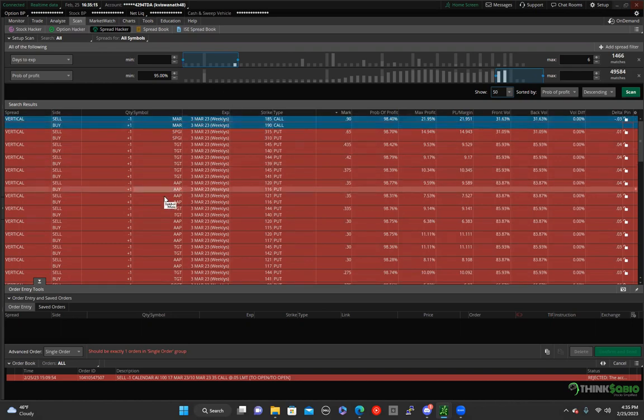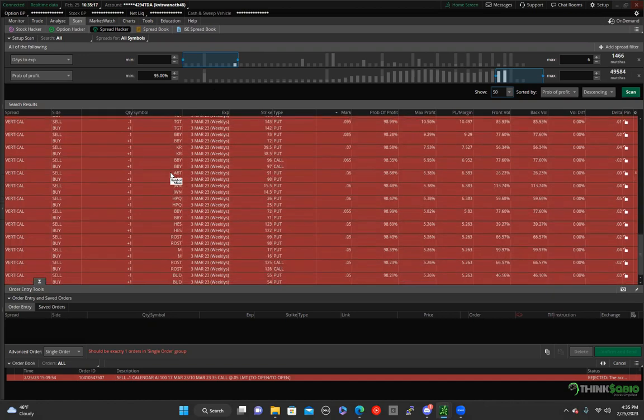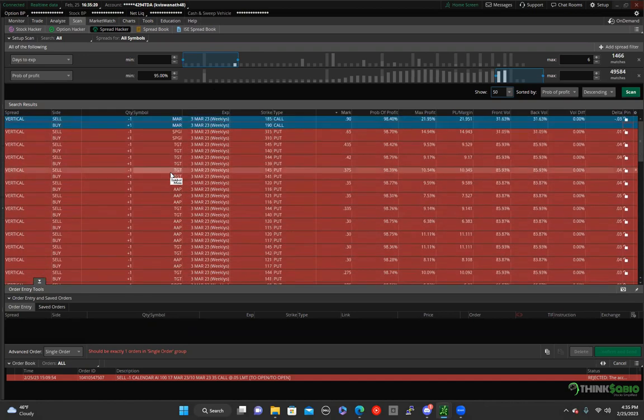So how do you sort it? There are many trades here, but how do you pick a trade, right? Everything is above 95. How I sort is by how much credit I will receive. So if the mark is 90, that means you'll get $90 if you take this trade.